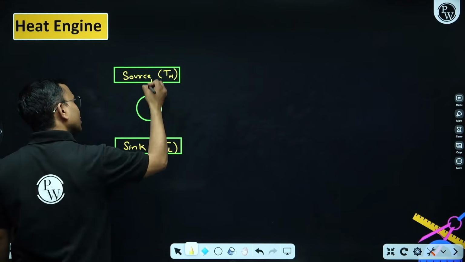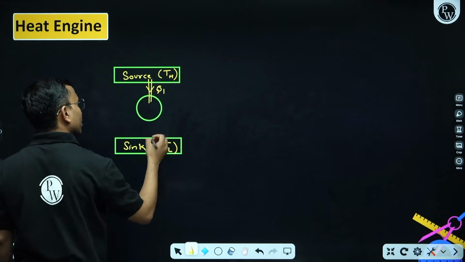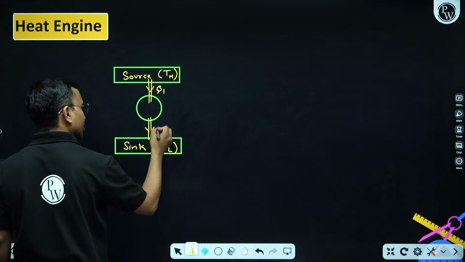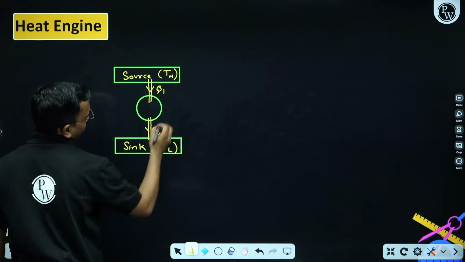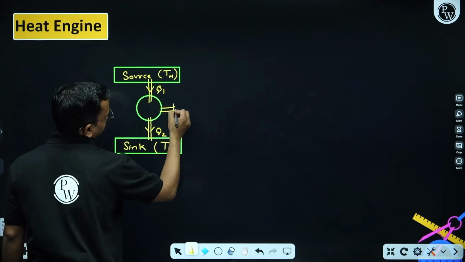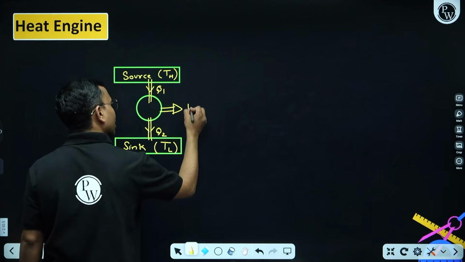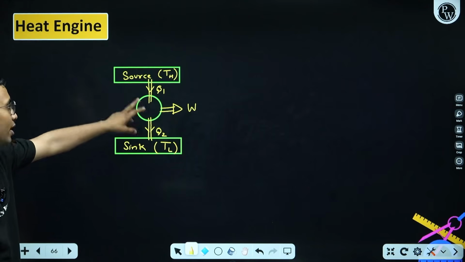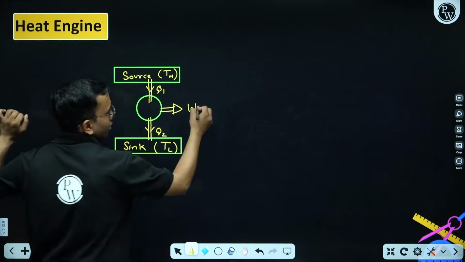Some heat is given. Let us take this is Q1. From that some part is rejected to the sink, that is Q2, and in this process it does some mechanical work, that is my W, and from conservation I can say my W has to be equal to Q1 minus Q2.